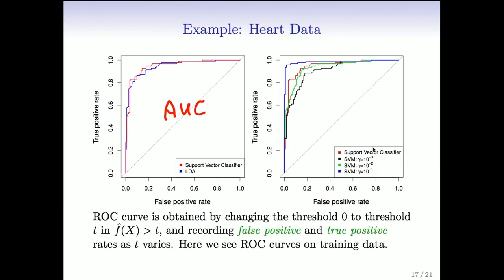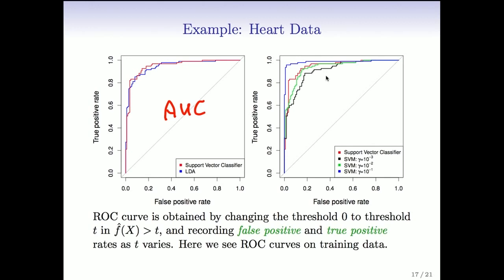And you'll notice that it's not monotone. When gamma is 10 to the minus 1, we seem to do really well. When gamma is 10 to the minus 2, that's the green curve, we do worse than the red curve, and 10 to the minus 3, even worse again.